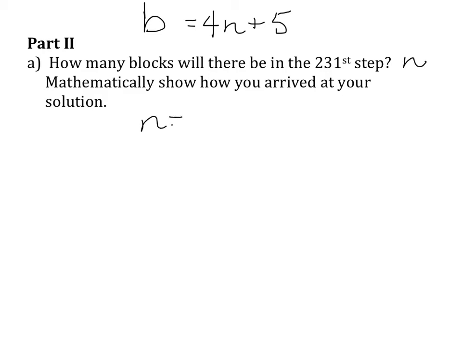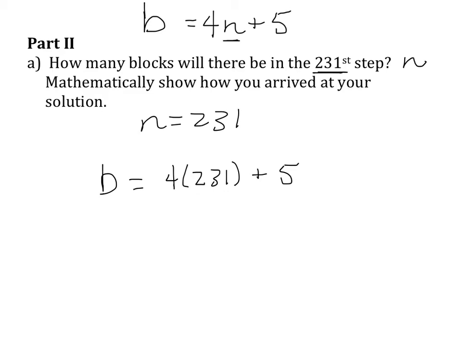So if n equals 231, how do we use this equation? Well, I rewrite it. B equals 4 times 231 plus 5. Instead of writing the n, I'm going to replace it with what n is, 231. Using our expression, we get a very abstract looking number, but we understood that there were 4 blocks in each group, and this time there are 231 groups, and of course we have to add 5.